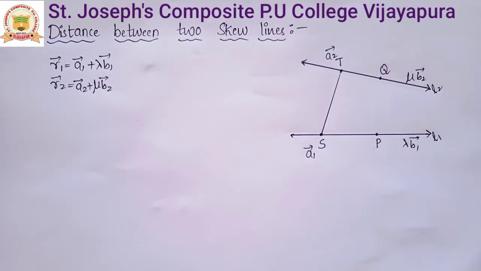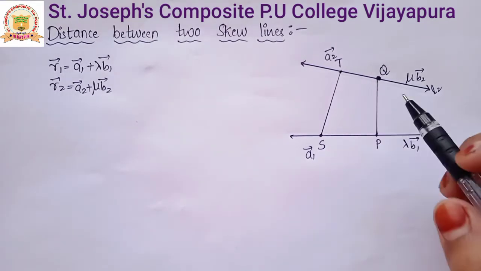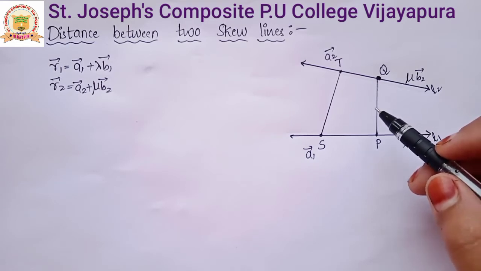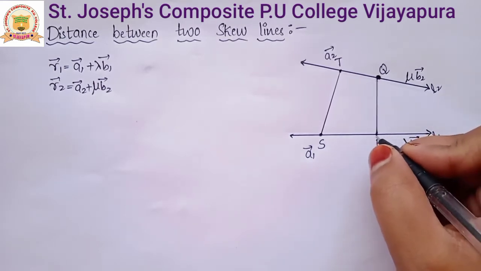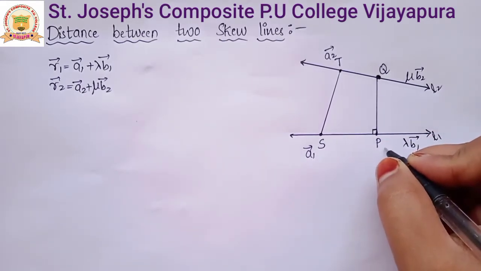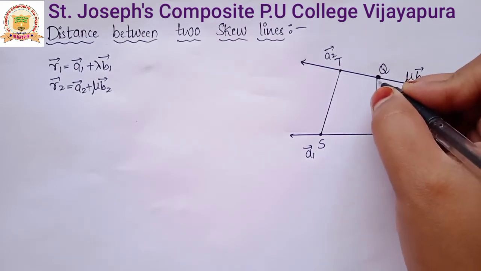I will join this PQ first. It is perpendicular to both, that is vector b1 and vector b2. So here PQ is perpendicular to line vector L1 and this is also perpendicular to line vector L2.